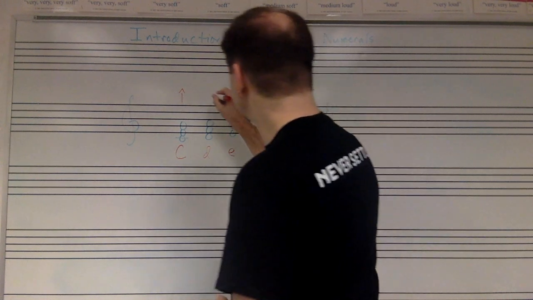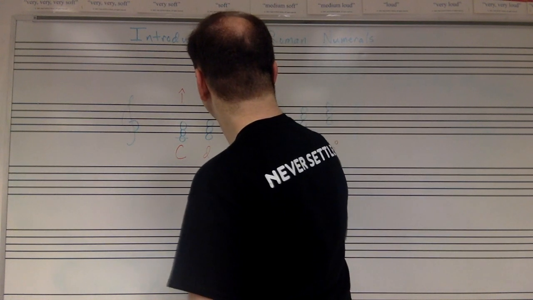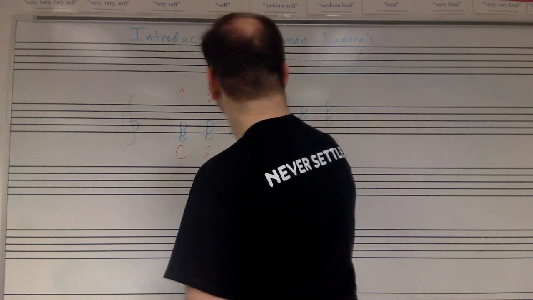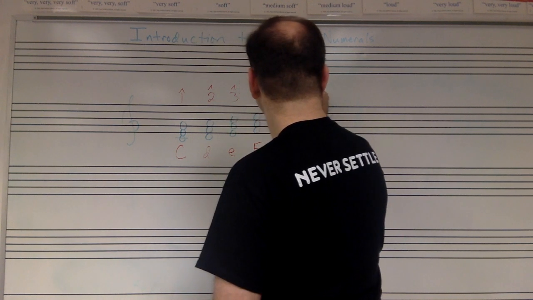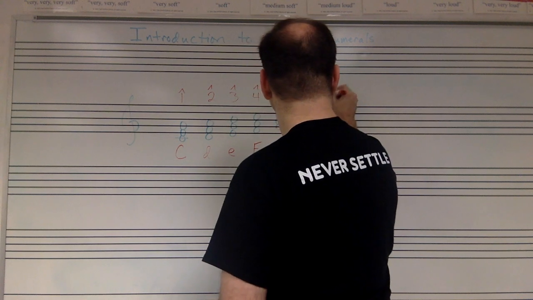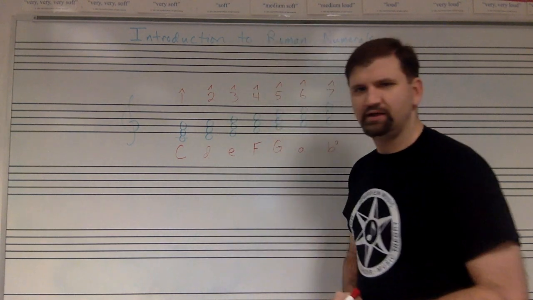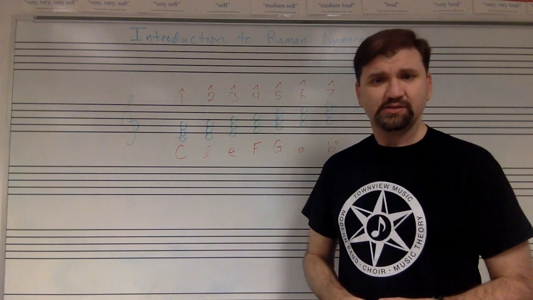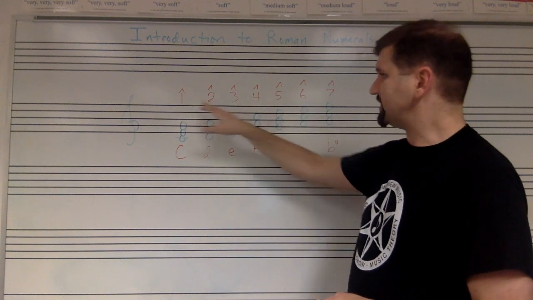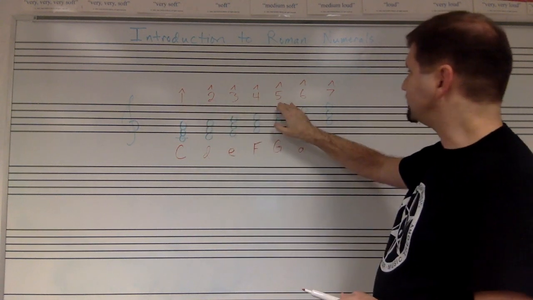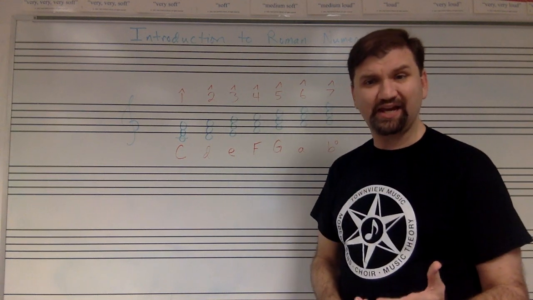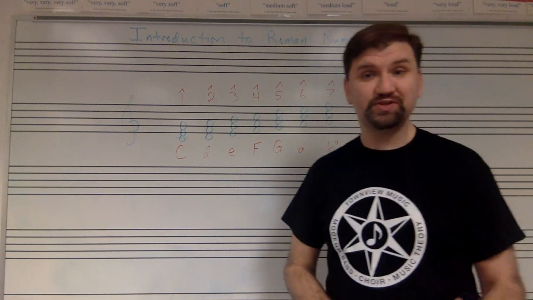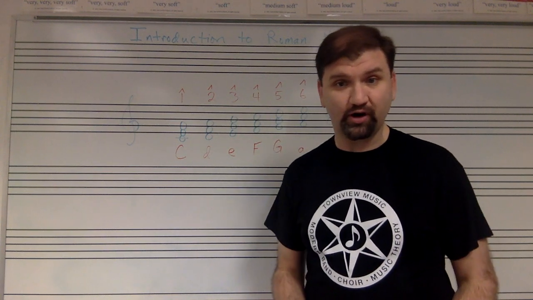And I can do the same thing with all the rest. 2 with a caret, 3 with a caret, 4, 5, 6, 7. Okay, so this tells me the context. I know that that's the tonic, and that's the dominant, and that's the submediant. But it's really bad at telling me what the notes and quality of the chord are.